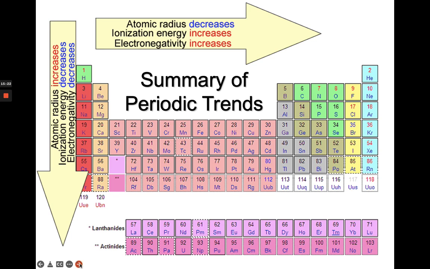Finally, last trend. Okay, so here's our summary of these first three trends, and they're kind of interrelated. So atomic radius decreases, ionization energy increases, and electronegativity increases as you go across a period. As you go down, atomic radius increases, ionization energy decreases, and electronegativity decreases. Remember, to the right is tight. So you're going to be small if you're helium.